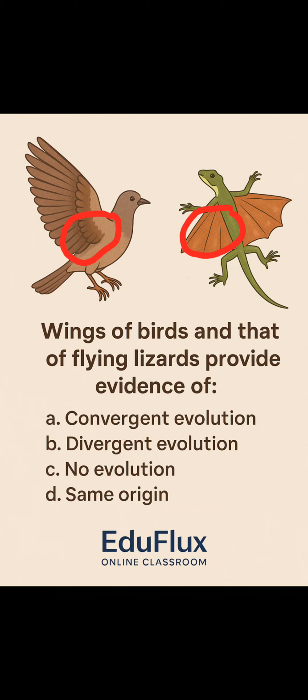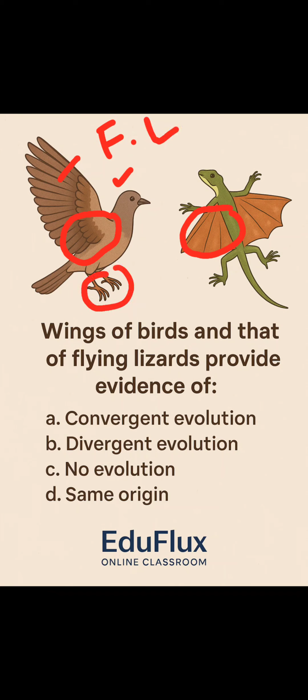In case of the birds, wings originated, or you can say they are a form of, what are wings the form of in case of the birds? Limbs. These are basically the modification of the limbs.